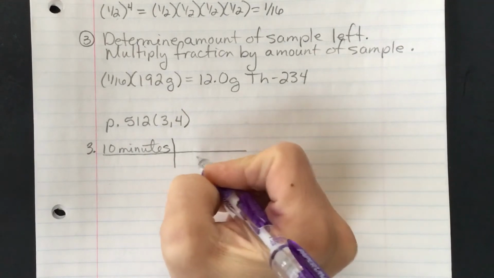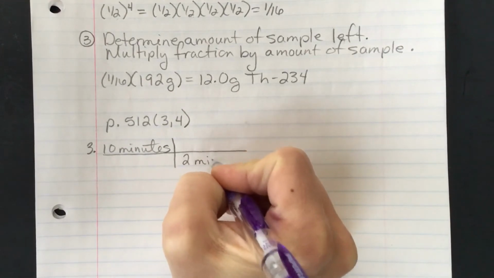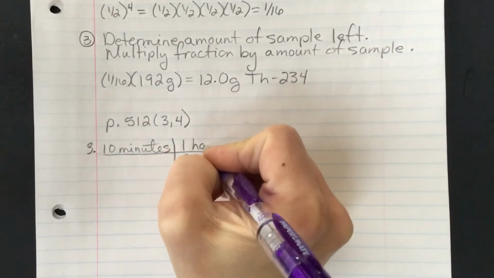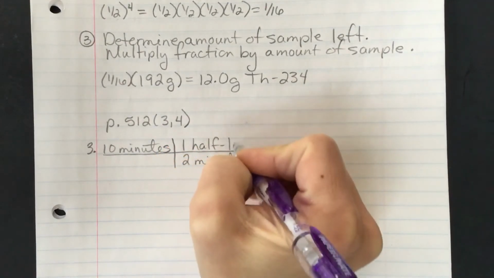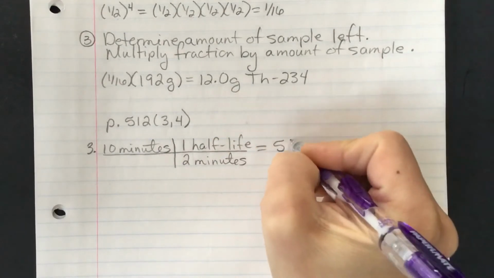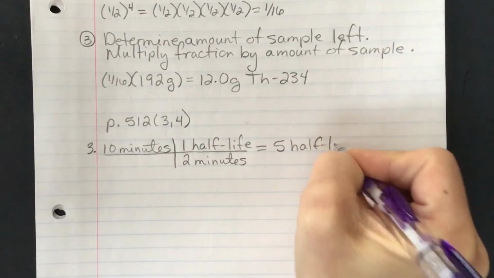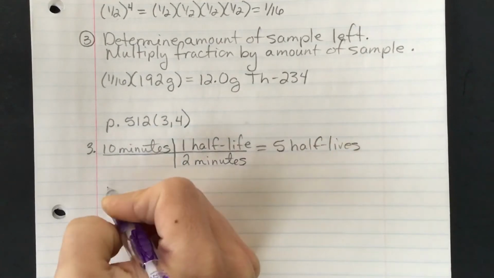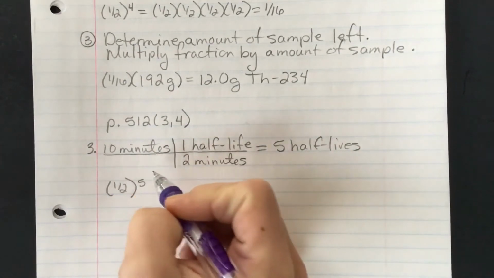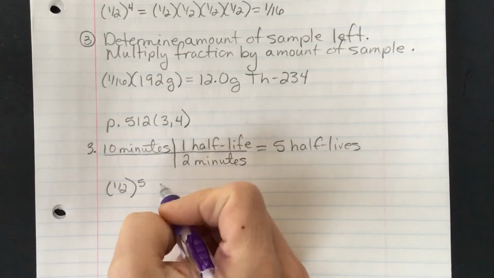We know that 2 minutes is 1 half-life. So when we divide 10 by 2, we get 5 half-lives. Okay, so we take the fraction 1/2, we raise it to the 5th power.